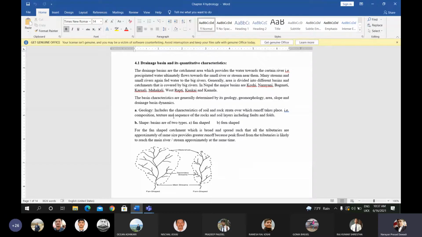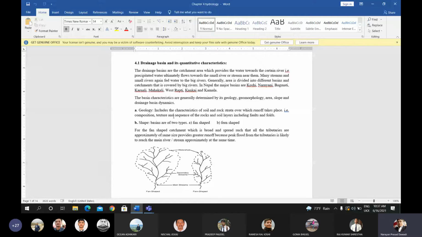In the fern-shaped basin the main stream or main river has different tributaries reaching towards it, and all the tributaries are of similar nature and equal length, so that all the water reaching from the highest part of the area to the main stream generally arrives more or less at the same time.